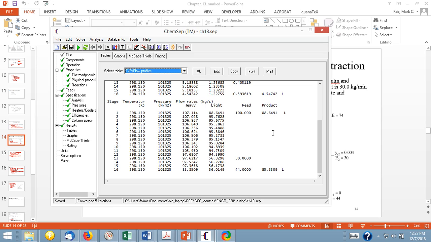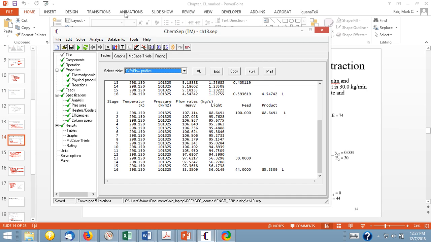As soon as we add that in, the heavy stream going downward has jumped up. It went from 100 here to something like 107. Why is that? Because equilibrium demanded that a certain amount of butanol go into that phase, such that we have equilibrium between those two phases. And notice what happens to the light phase going upwards. It has a loss by that same amount.